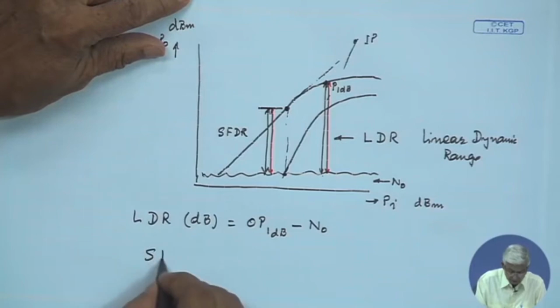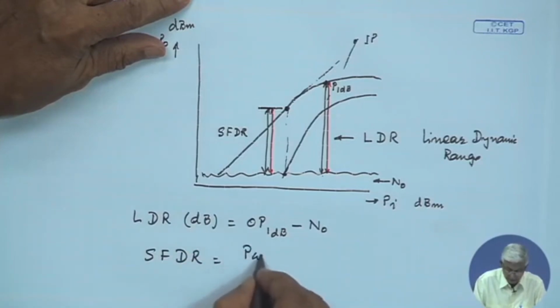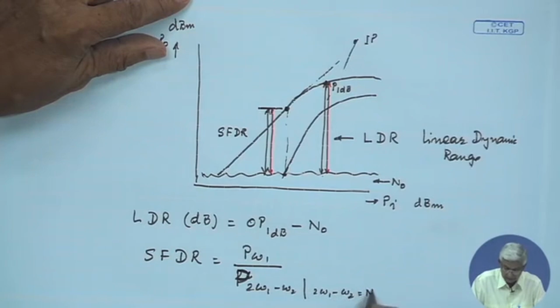So, spurious free dynamic range is P(ω1) by P(2ω1 minus ω2) when it becomes N0.